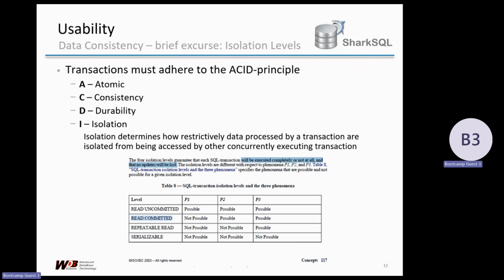Durability means, yeah, nothing more. Everything has to be stored in persistent storage. And then I'm talking about isolation. Isolation means, if you have concurrent transactions, how restrictively data processed by one transaction is isolated from being accessed by another transaction.